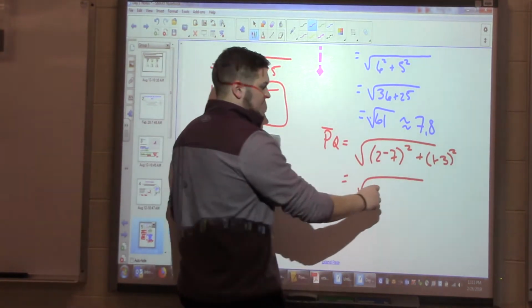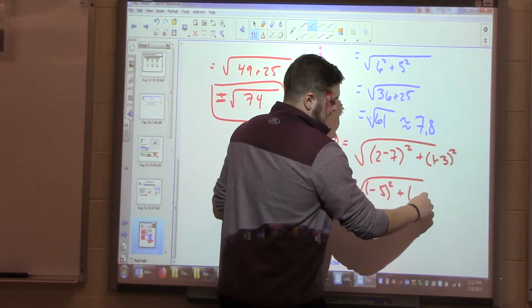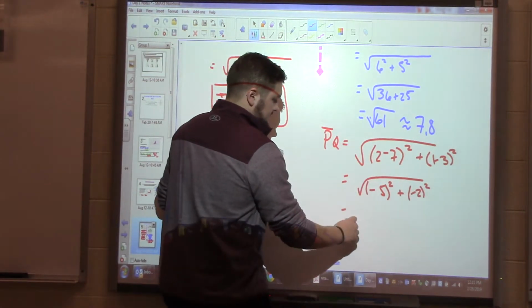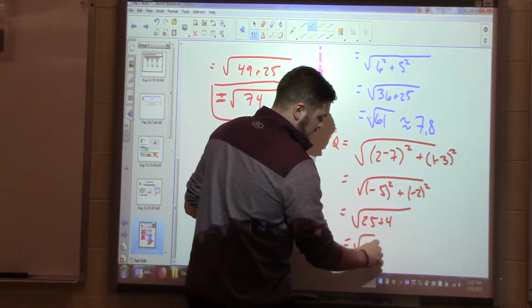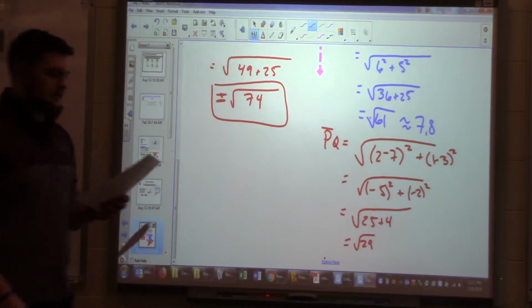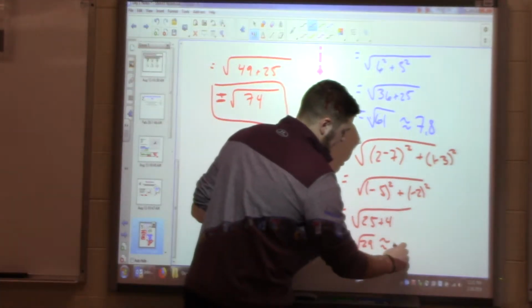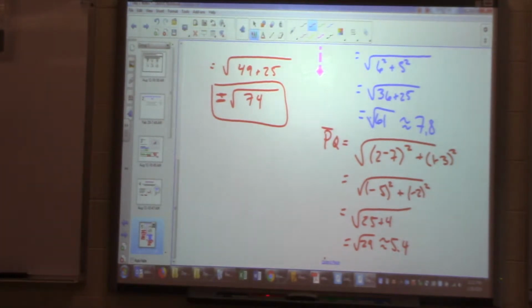So we get the square root of negative 5 squared plus negative 2 squared. Square root of 25 plus 4. Or the square root of 29, which is approximately 5.4. So you guys were right, right? AB was longer, PQ was shorter.